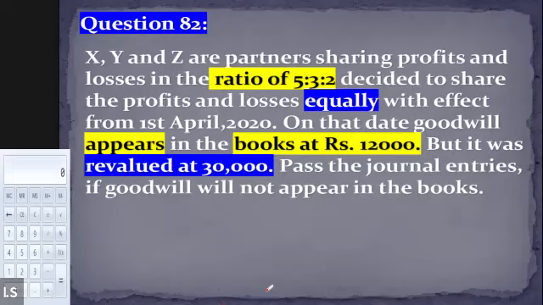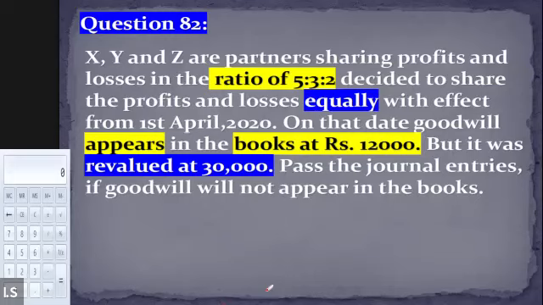Other than this, the question is telling us that on the date of reconstitution, goodwill appears in the books at rupees 12,000, but it was revalued at 30,000. Now listen to me carefully.